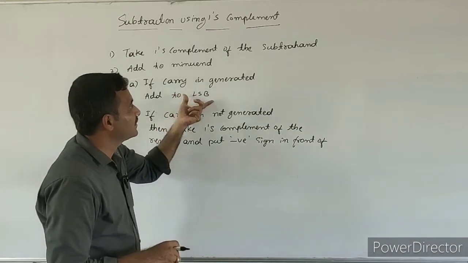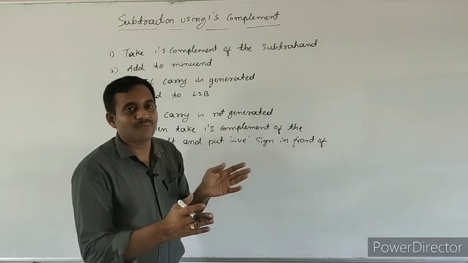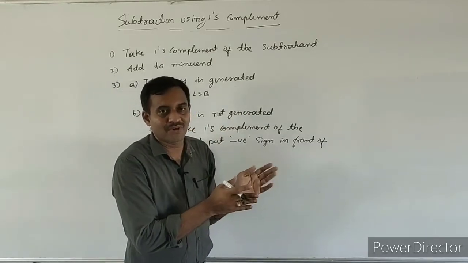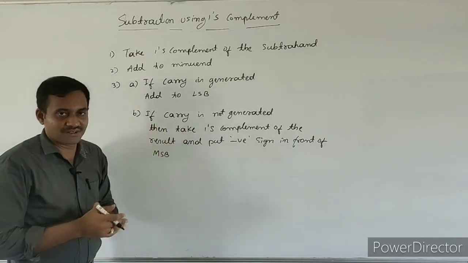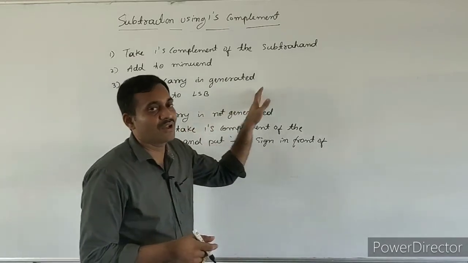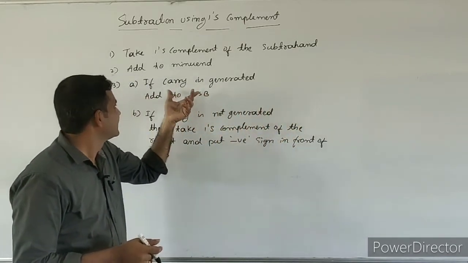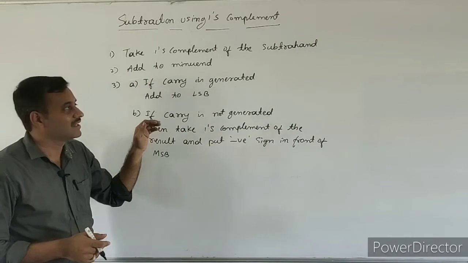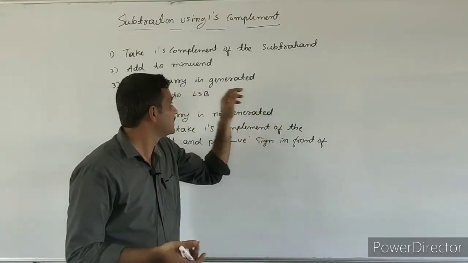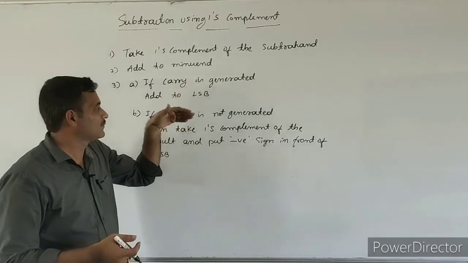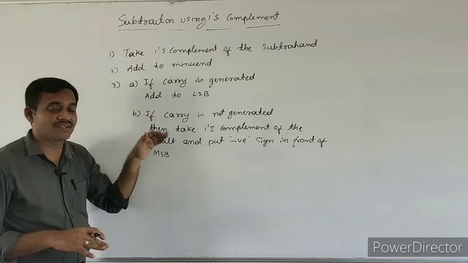If you subtract a larger number from a smaller number, then the carry is not generated. If you subtract a smaller number from a larger number, then carry is generated.